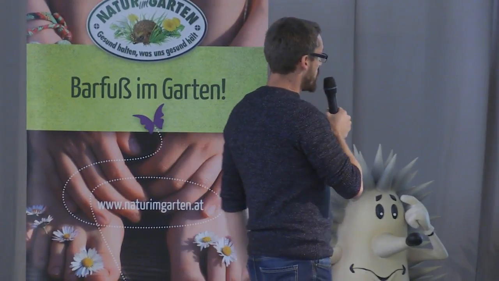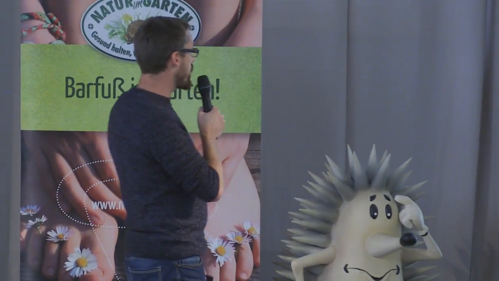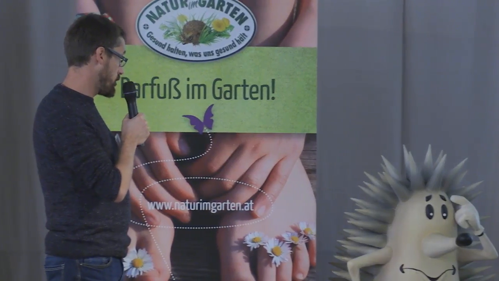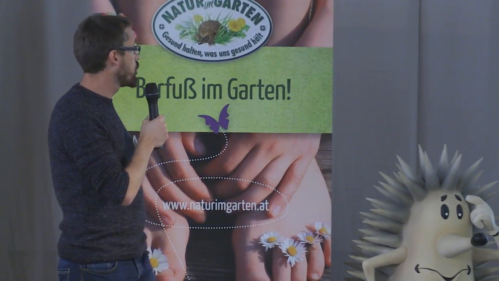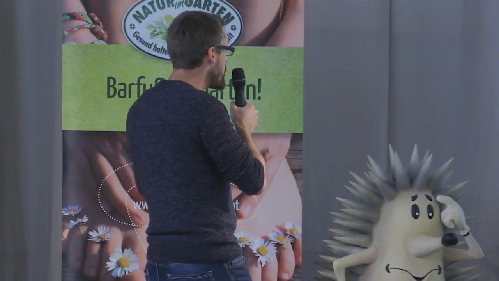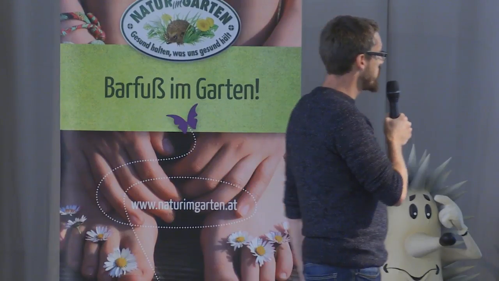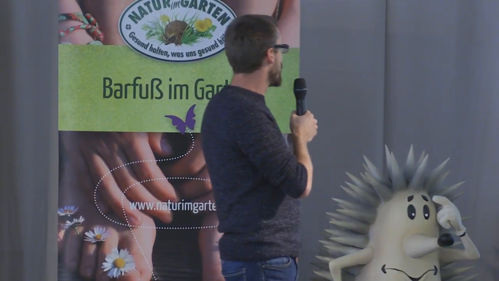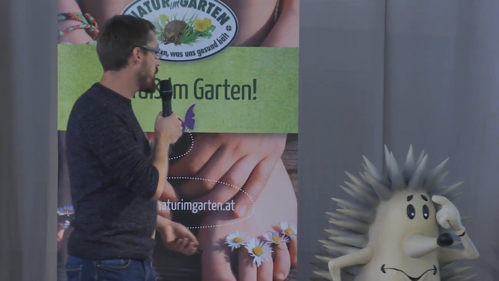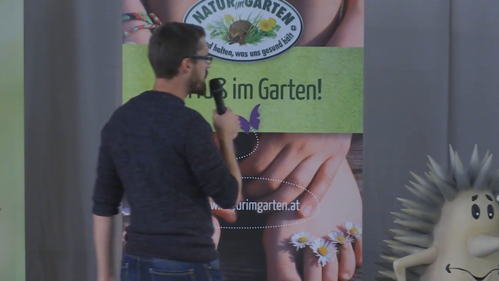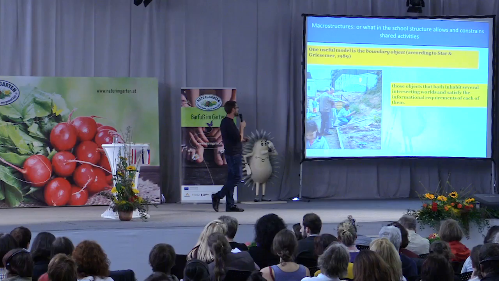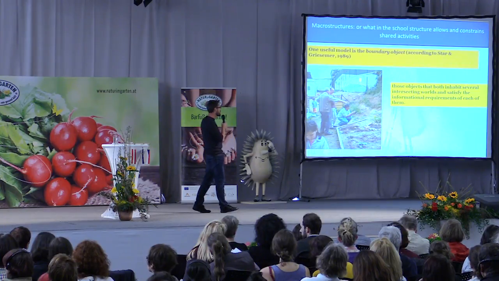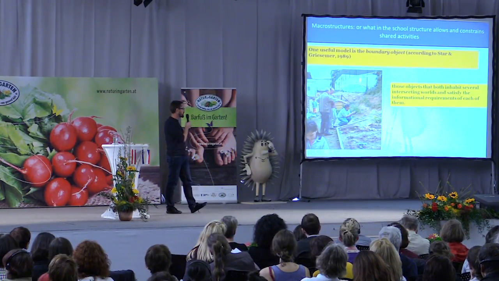And we thought that maybe we have found what is called a boundary object. Boundary object is a conceptual thing that was defined by Star and Griesemer and is defined as those objects that both inhabit several intersecting worlds and satisfy the informational requirements of each of them.